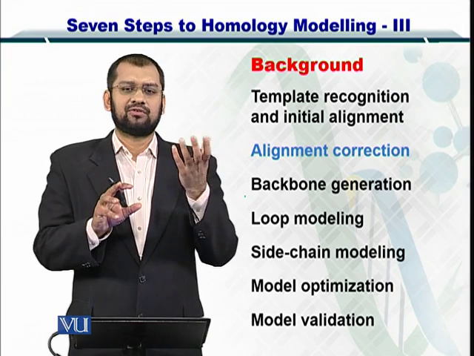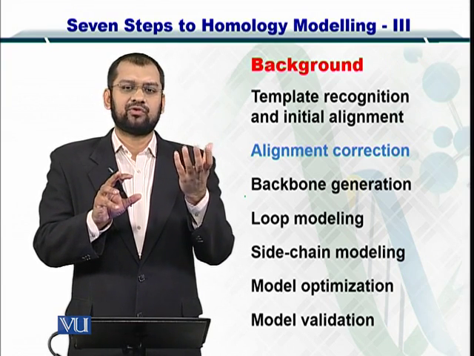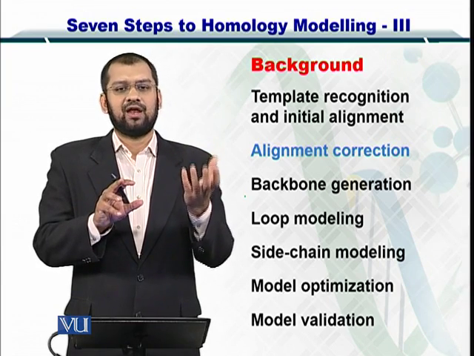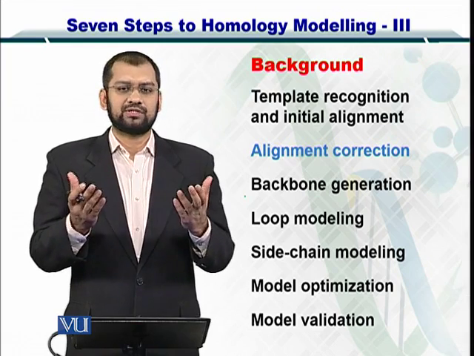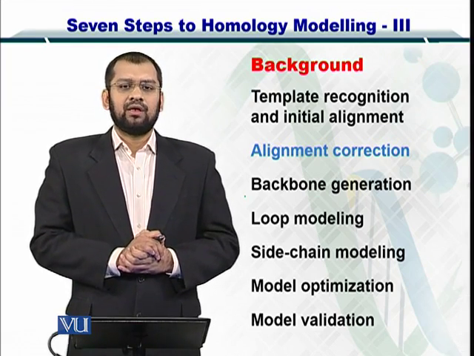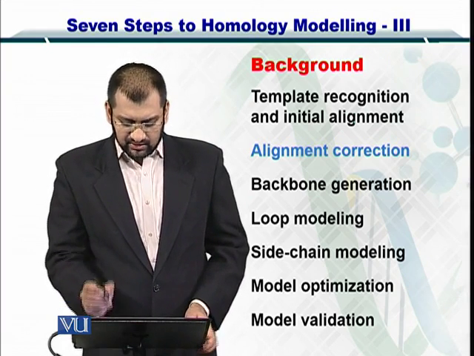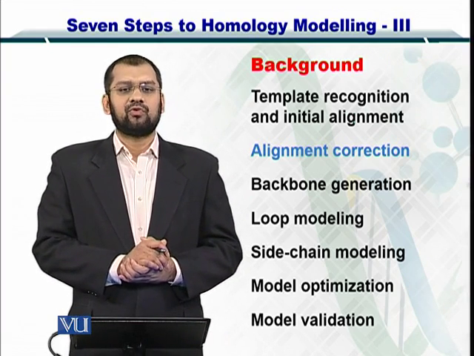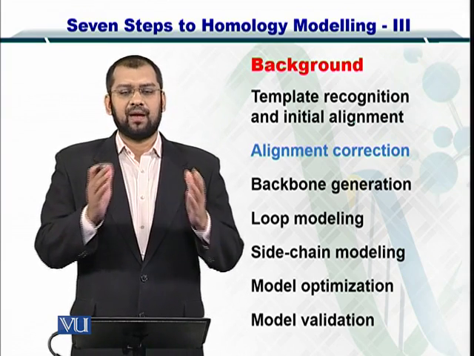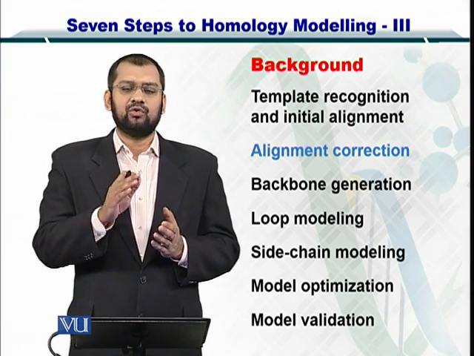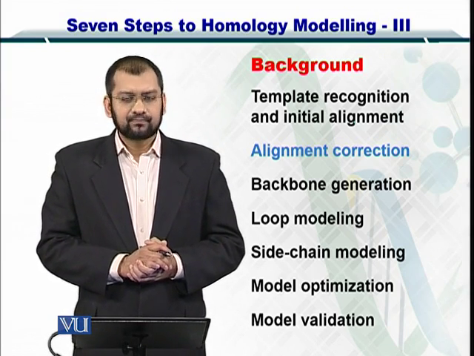So given that some of the structures are known, you look at the amino acid sequences of these known structures and then use them to predict the structure of a protein whose structure is unknown. So the 7 steps in order are the template recognition and initial alignment. This is followed by alignment correction and then the generation of the backbone, followed by the loop modeling and rotamer association.